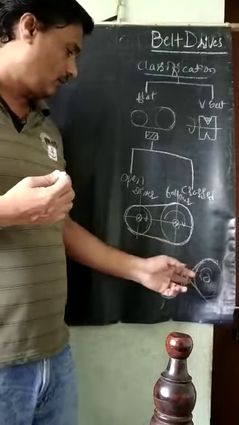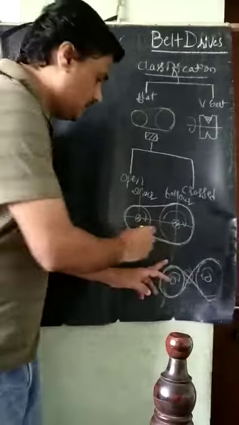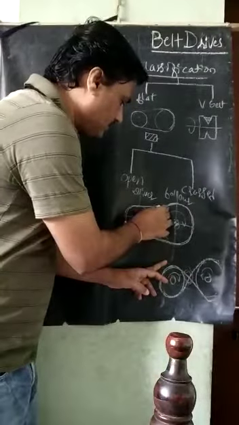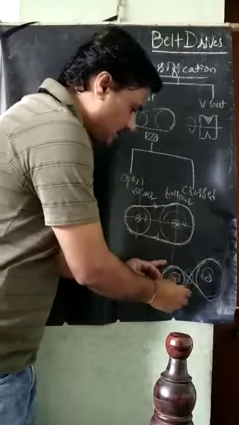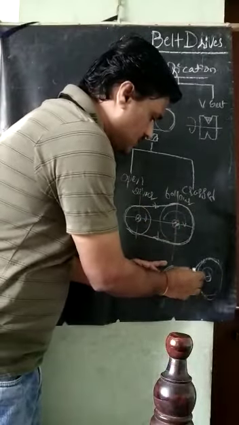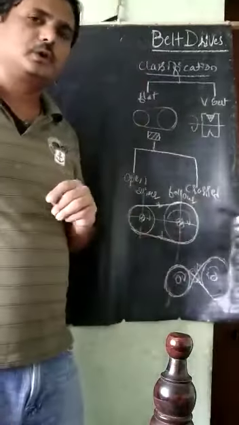It is possible here, but not in the open drive. This is the direction of the belt we are using, and based on that we have to show the directions.